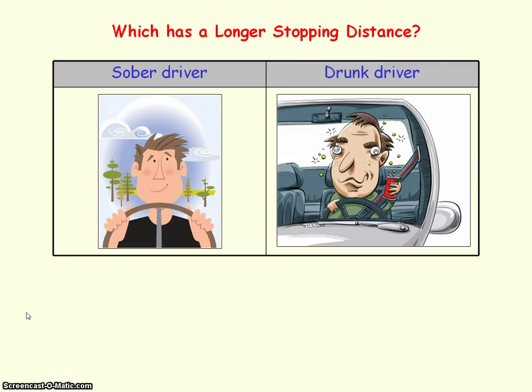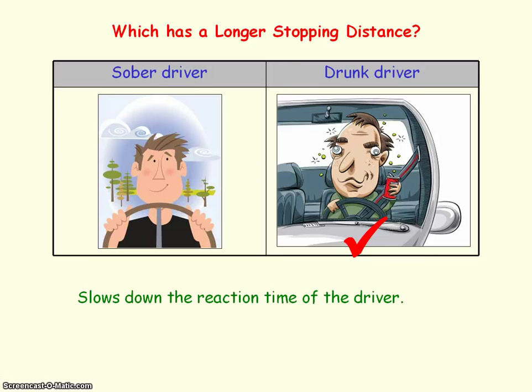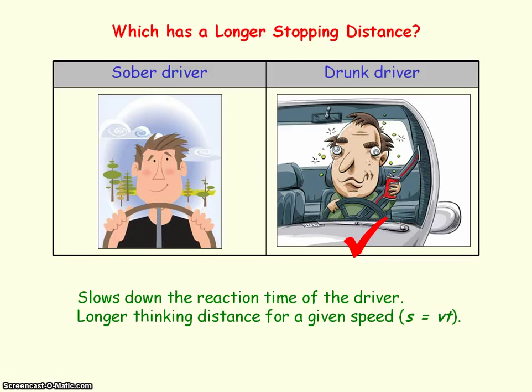So a drunk driver will have a longer stopping distance, and that's because drinking slows down the reaction time of the driver, and so you will have a longer thinking distance for a given speed at which the car is travelling.